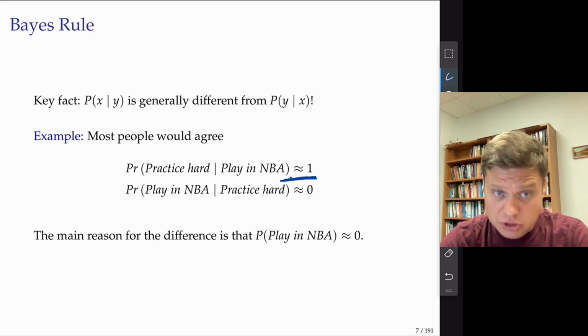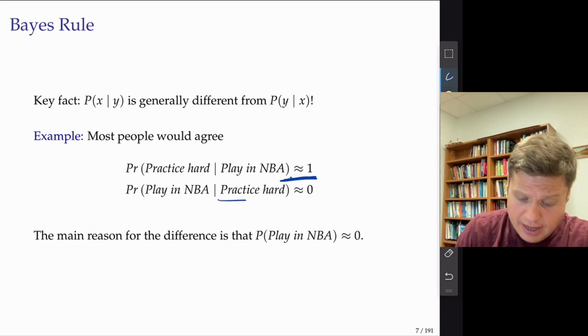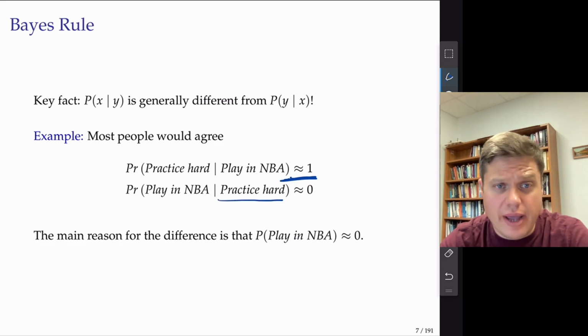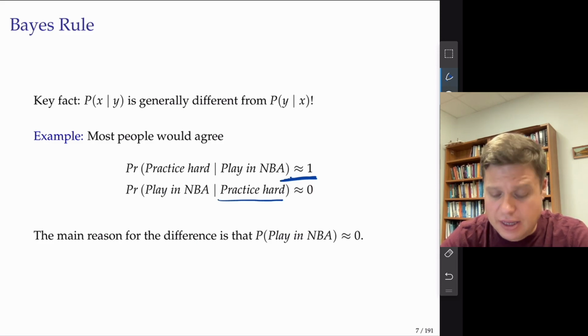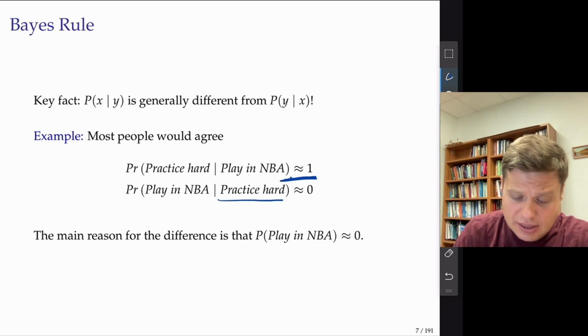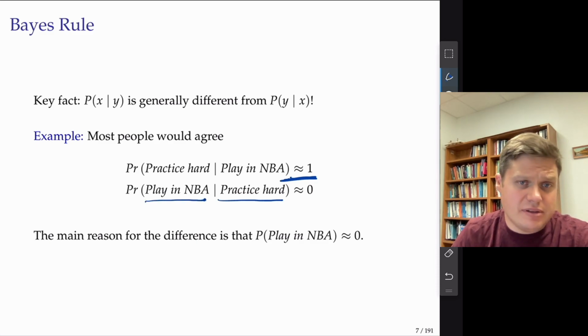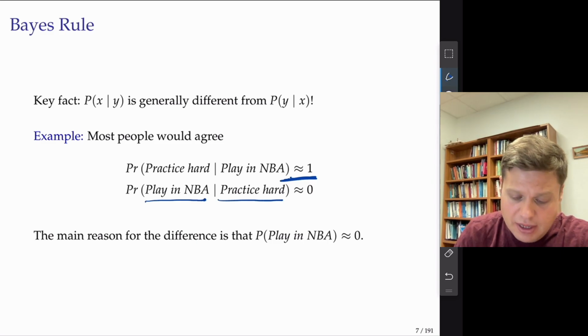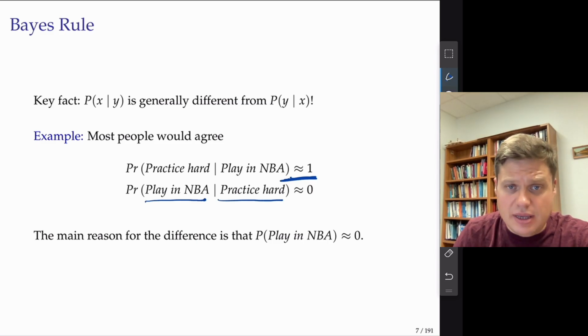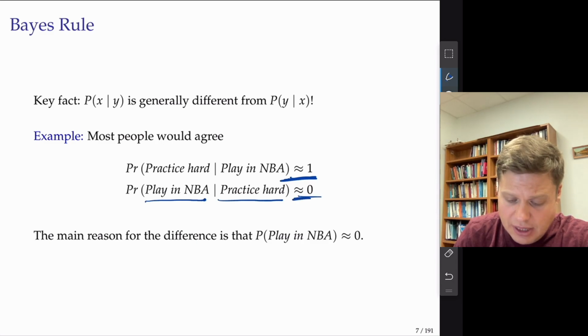However, the opposite is not true. I can practice as hard as I want, but the likelihood that I get into the NBA is close to zero. I just simply don't have the right physique. I don't have the stamina, and I don't have the height. And I'm relatively old for an NBA player as well. So the chances of me getting into the NBA are close to zero.